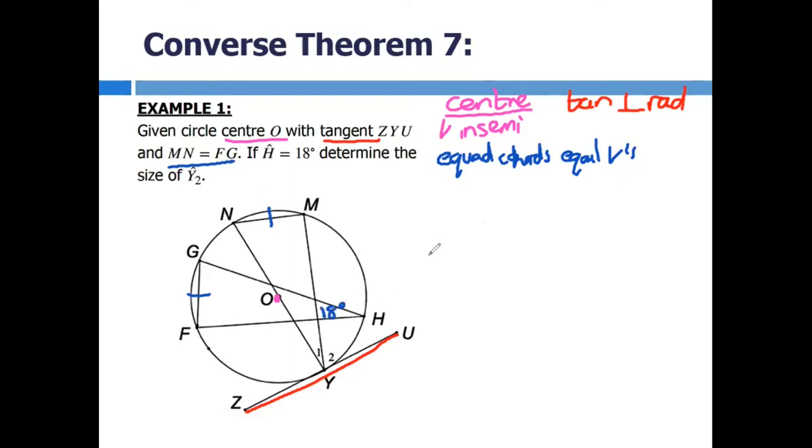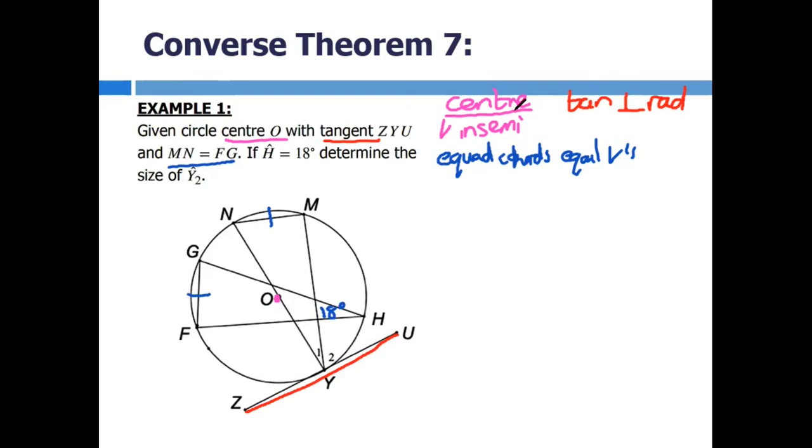They want you to determine the size of Y2. Okay, guys, so do you see? I read the story and I analyzed everything that I could possibly use before I read the question. It helps narrow down your options. Otherwise, if you look at this picture, you could stare at it for hours and feel confused. But at least now you've got some ideas of what you could use.